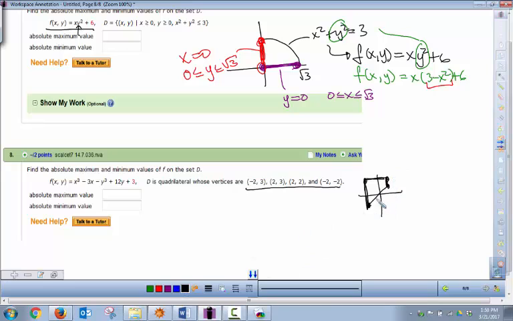And then now you have this side over here that you need to write as an equation of the line. Probably y is equal to x. So you'll need to express those with those different values, put that into the function, and then find your max and mins on the boundaries that way.